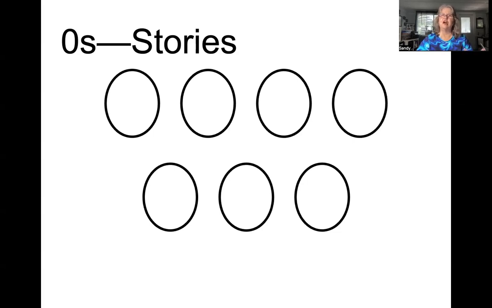And once they draw the picture, then we label it for them. Oh, so you had 7 groups of 0 cookies. So now they see the symbol 7 times 0. They think, oh, that's 7 groups of nothing. It could be 0 cookies, 7 boxes of 0 toy cars, or toys, blocks, whatever you want your story to be that's meaningful for your child, we use that.